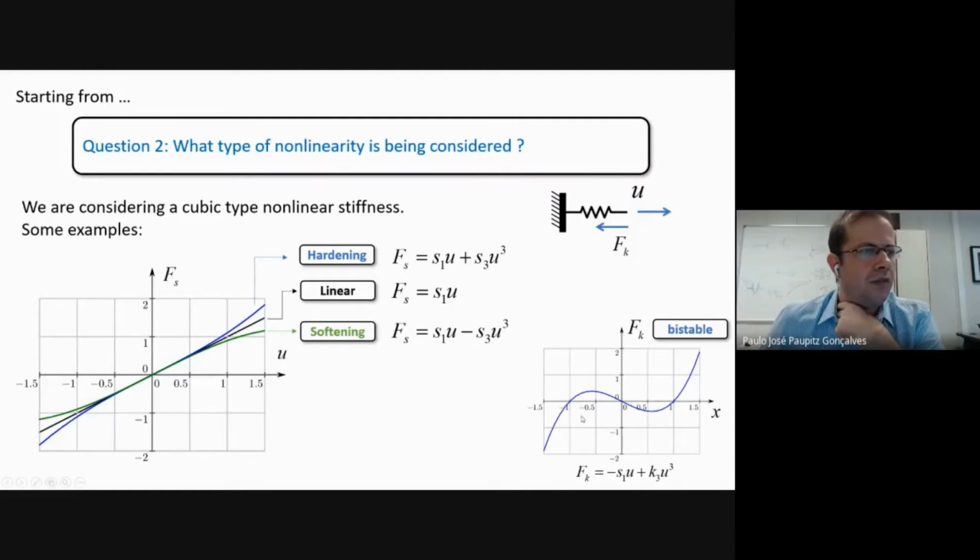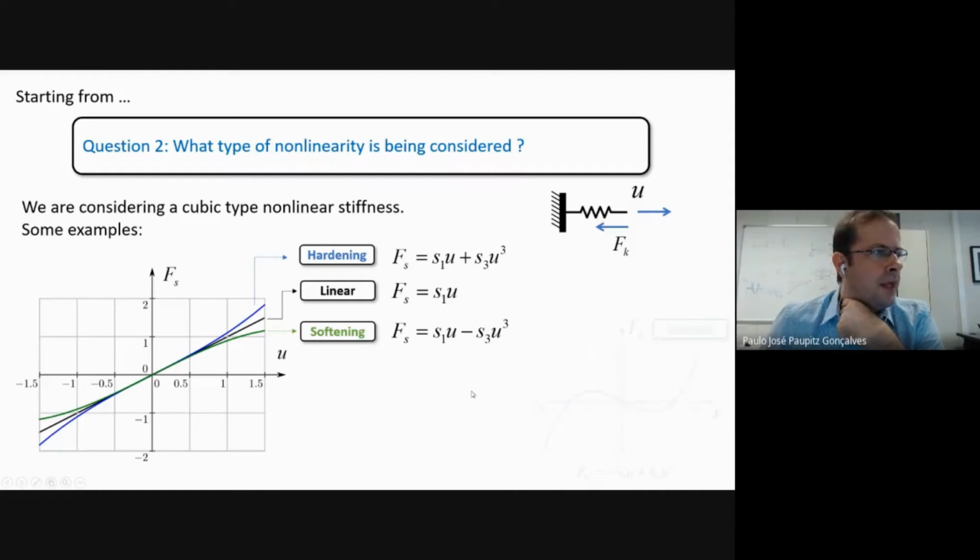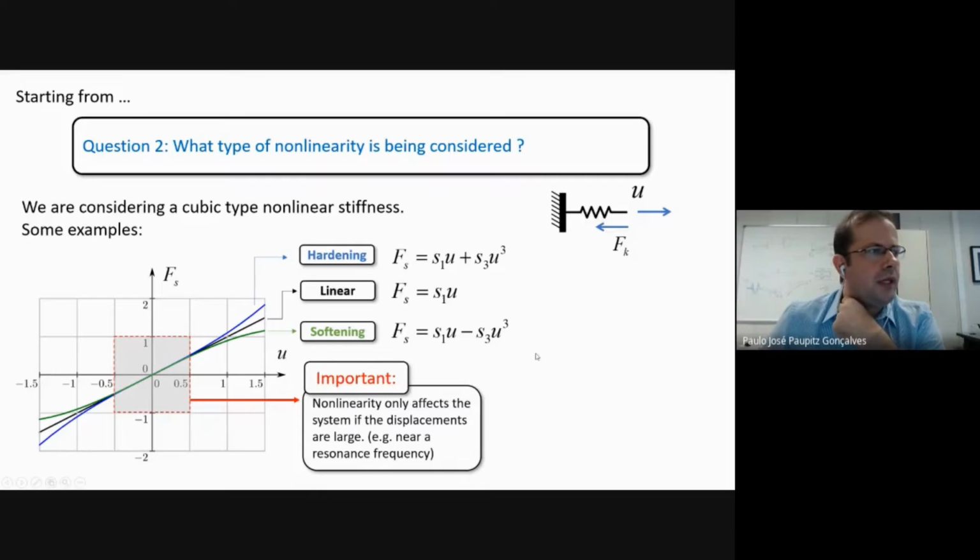other sorts of responses. What is important here, and I think this is really important, is that for low displacement, you can see in this box that all the springs behave similarly. So it doesn't matter if you have a nonlinearity. If your displacements are small, you are not going to have any effect of nonlinearity.